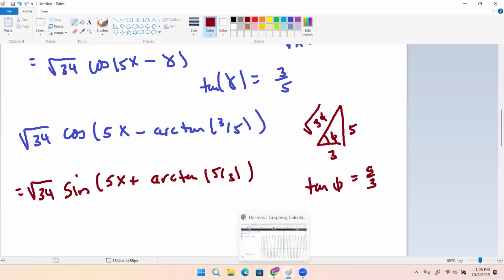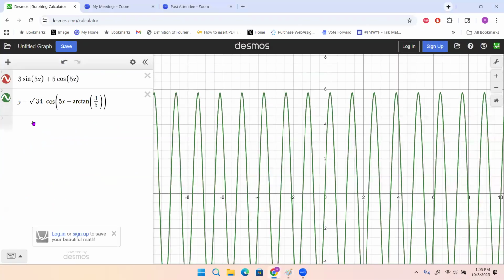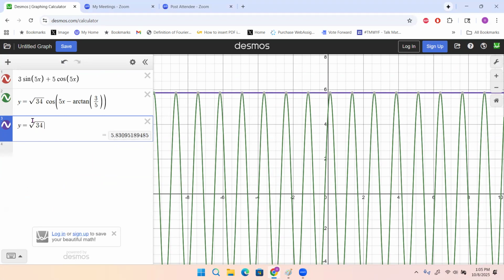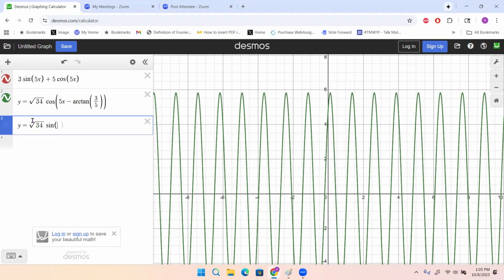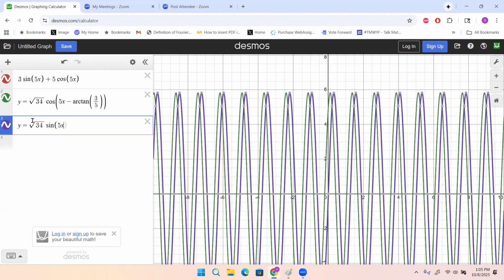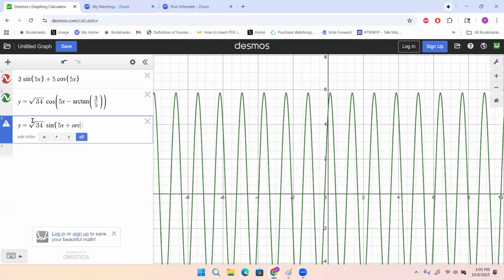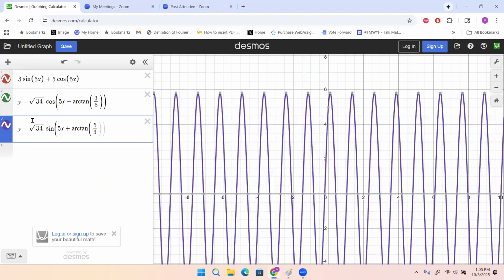So let's try that: sine of 5x plus arctangent of 5/3. And we see these graphs are identical, because they are.